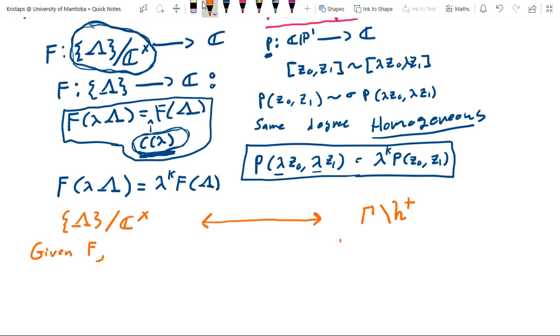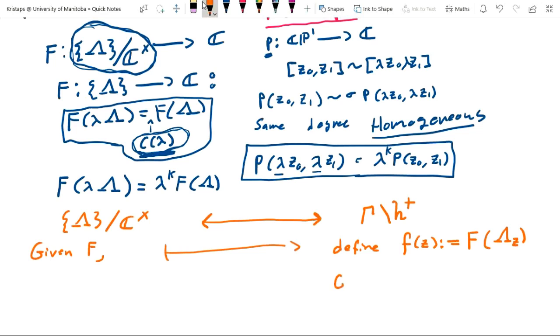So in that case, we can define a function little f at any point z in the upper half plane, and we'll simply define it to be the value of this function capital F taken at the lattice lambda sub z. So that's going one direction.